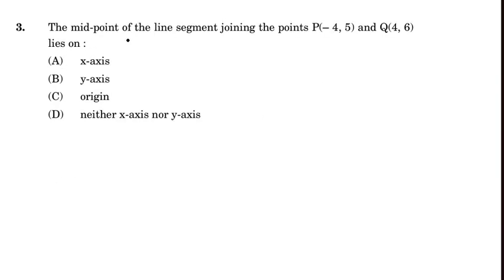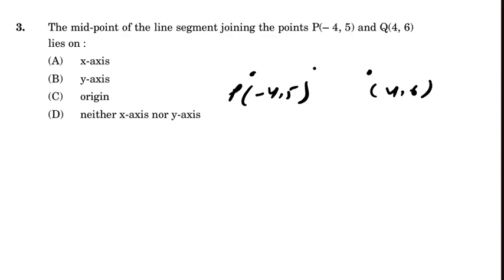Next, moving to the third question. The midpoint of the line segment joining the points P and Q lies on which axis, given the two points P and Q, which are minus 4, 5 and 4, 6.